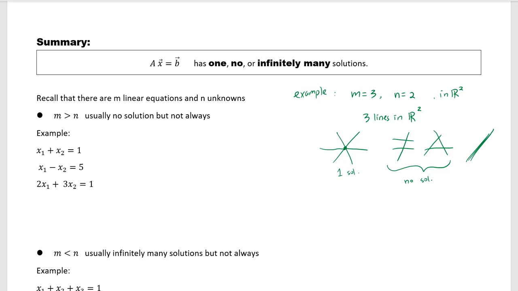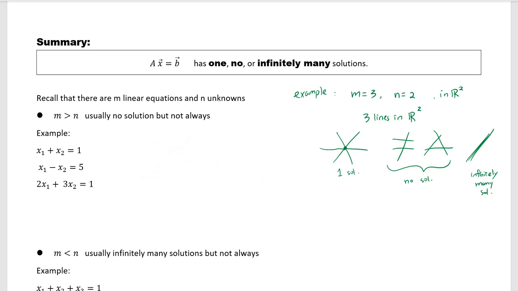Yeah, we can have all 3 lines being the same line, and we have infinitely many solutions. So if m is greater than n, usually no solution, but not always, because we could have other possibilities.